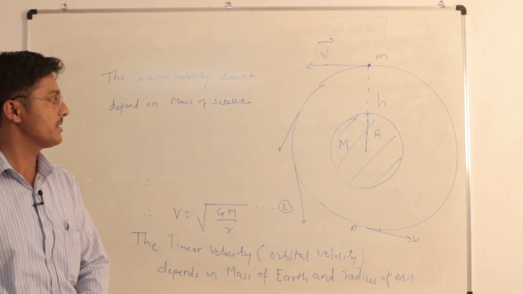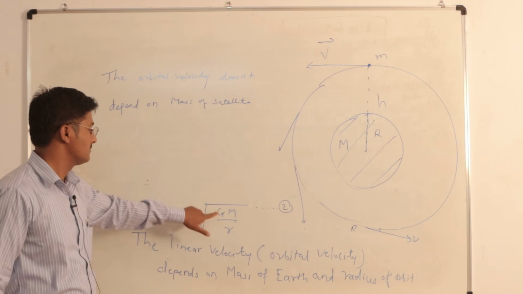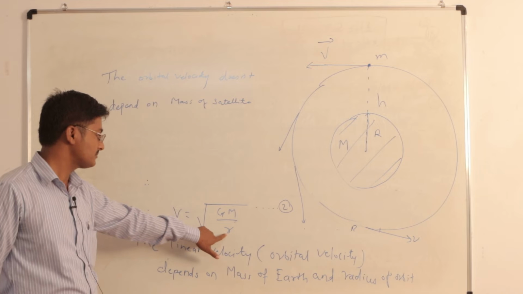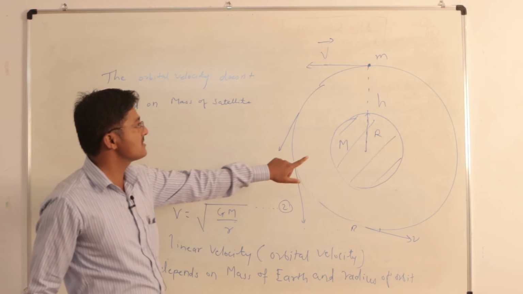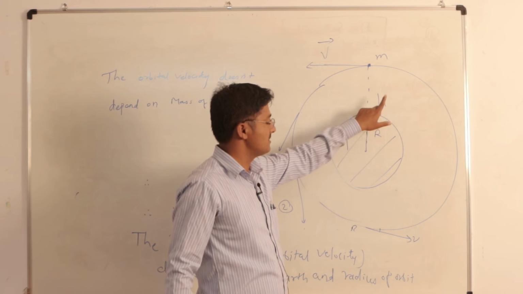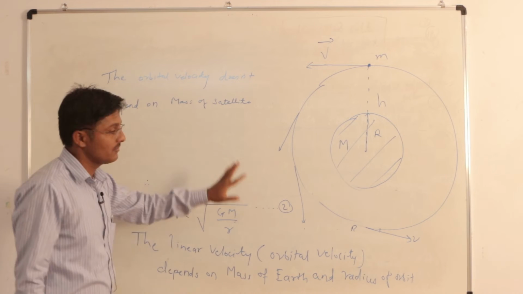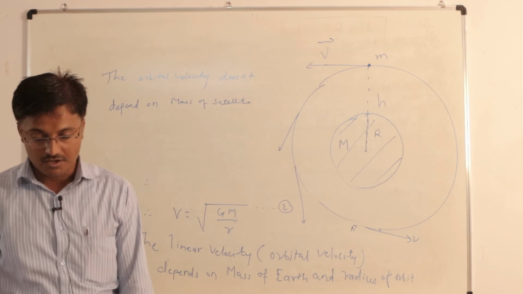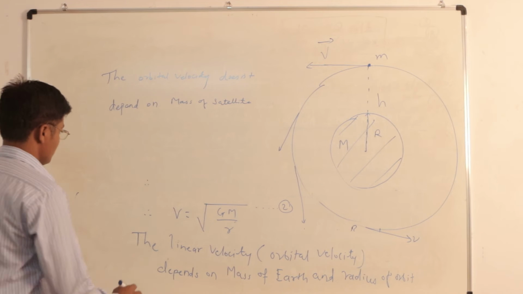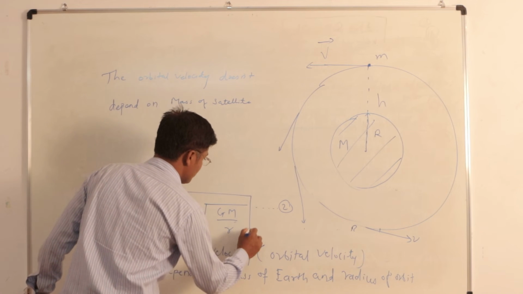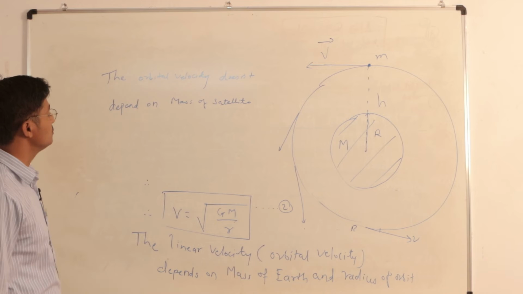Orbital velocity कशावर डिपेंड आहे, it depends on mass of Earth and radius of orbit. So here small r is the radius of this complete orbit of satellite, that is r plus h. So orbital velocity doesn't depend on mass of satellite. So this is very important expression. I will make box for this equation 2.